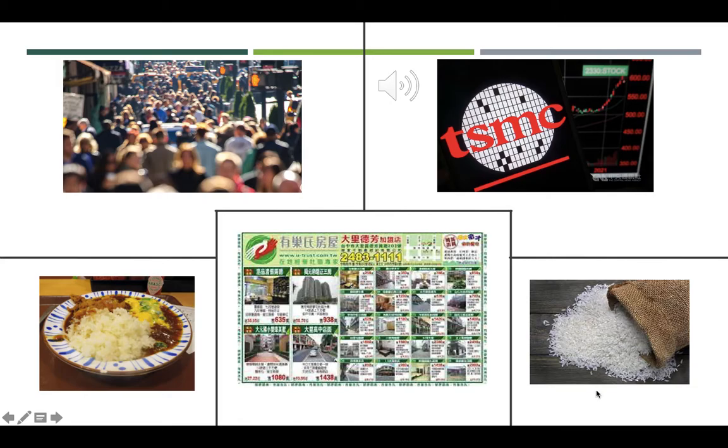Of course, the one at the bottom right shows you the raw material, right? So the market that sells raw materials is called commodities market, and the one that sells finished products is called consumer goods market. Okay, so 2 are done, 3 more to go.